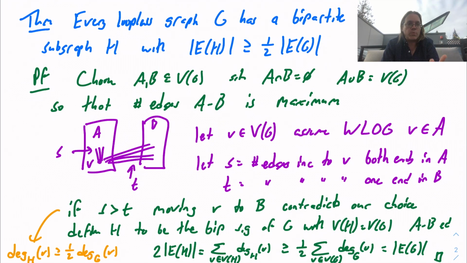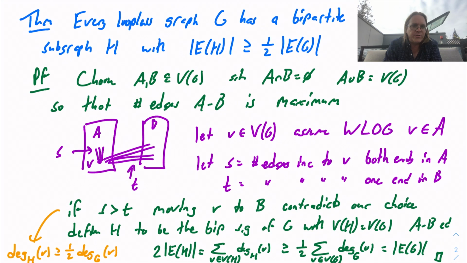And in this case, what we're doing is we're doing that very locally. We're just looking at each vertex and saying, well, what would happen if I moved you to the other side? Well, if I move you to the other side, the edges that join you to other vertices in the same block suddenly count for me. Those would be contributing. And those edges that join you to the other side don't. So that tells me that for every vertex V, the number of edges joining it to the other side has got to be greater than or equal to the number of edges joining it to vertices on the same side.